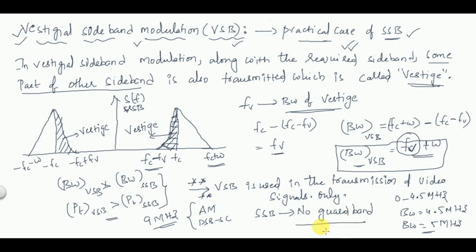Because of no guard band, complete suppression of one sideband is not possible in the case of video signals using SSB, so SSB is also not used. The only choice you have for the transmission of video signals is VSB modulation. That is the reason why VSB modulation is used in the transmission of video signals only. This is a very important point you have to remember.